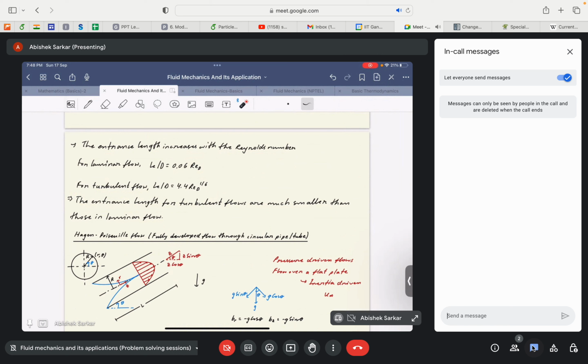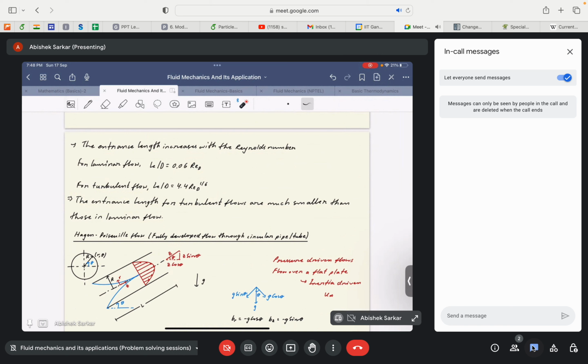This dissipation is because there is a very high level of mixing in a turbulent flow field, and this mixing encourages and increases the level of momentum transfer between different fluid layers, which in turn results in a comparatively very small entrance length compared to the laminar flow field.